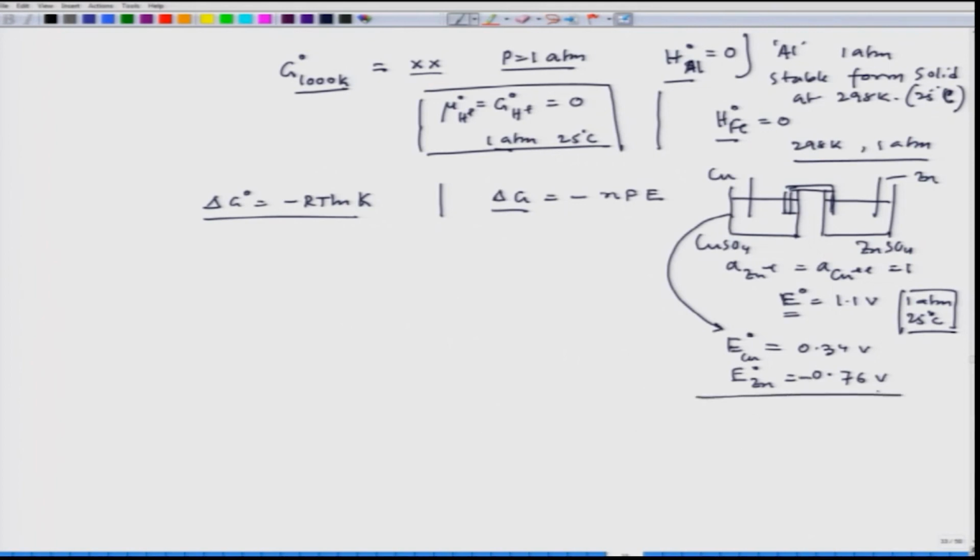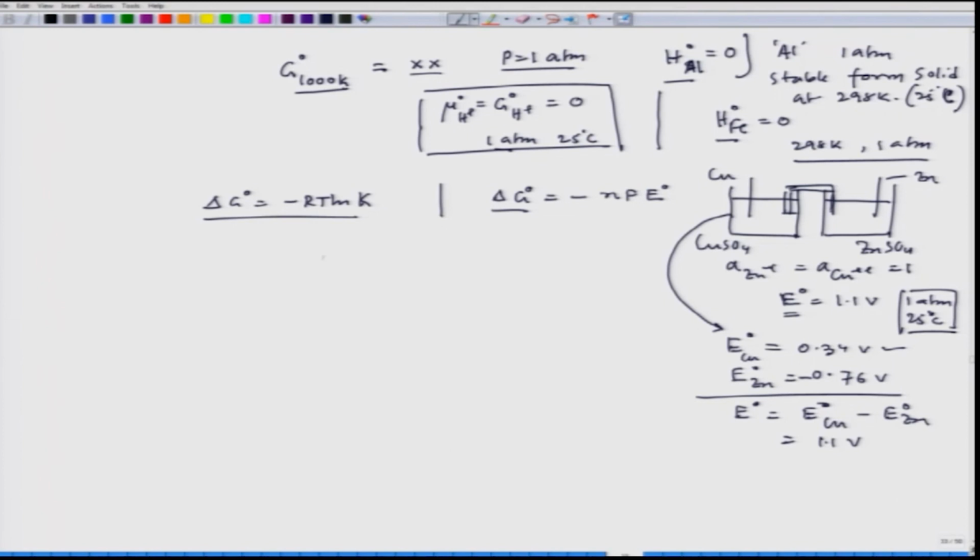So, that is what we got, E equal to E 0 copper minus E 0 zinc, equal to 1.1 volt. We have seen this. Another condition is that the activity is 1. You will see later on why this activity part is important. Only when the activity is 1 does this become this, otherwise it will be a different value. Since we are taking standard conditions, we can also write this.